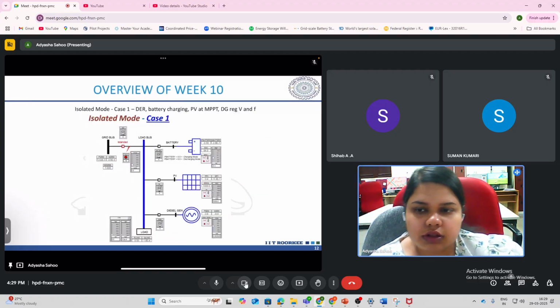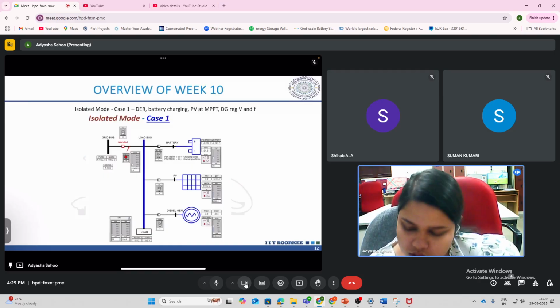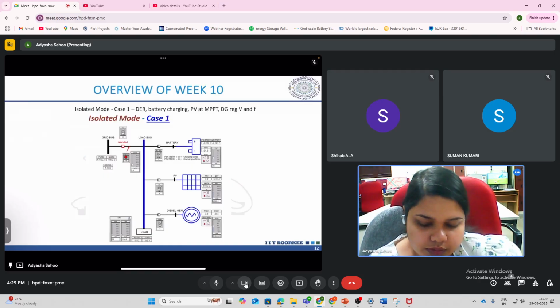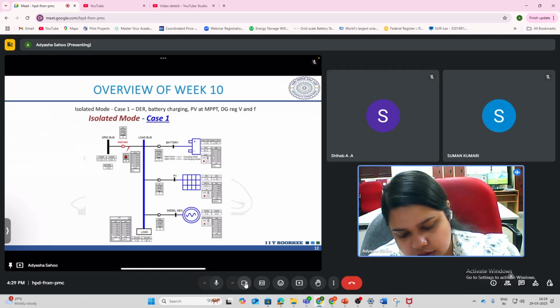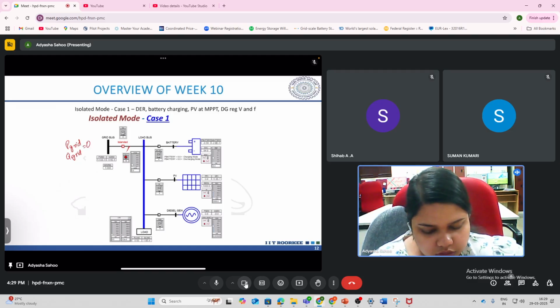The previous cases were all the grid connected mode. Now we will see the isolated mode. In the isolated mode, both P grid and Q grid will always be 0.